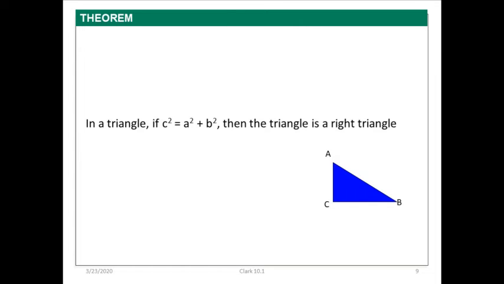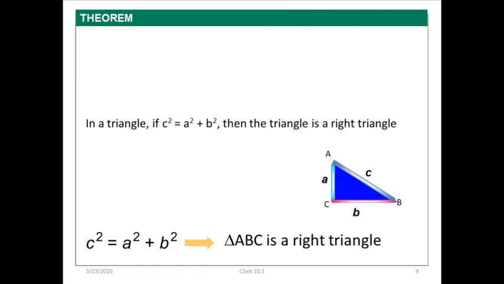Then, opposite of angle B is the length of side b, opposite of the angle A is the length of side a, and opposite of the angle C is the length of side c. If c squared equals a squared plus b squared is true, then, therefore, the triangle ABC is a right triangle.